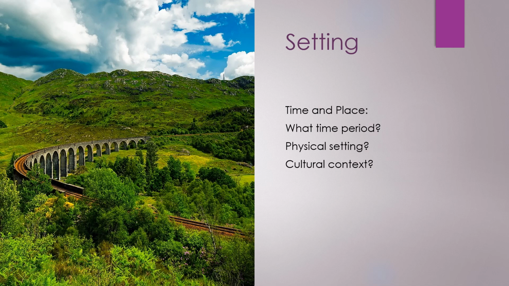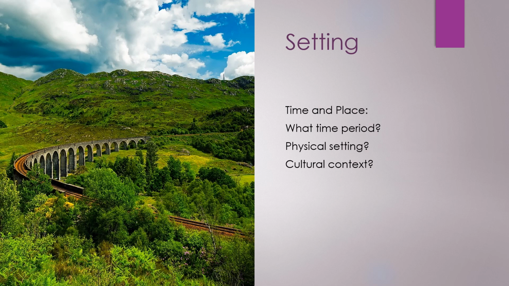So, if you're writing a romance novel, is it going to be in the modern time? Is it the 1950s? Or is it way back in the Tudor era, 1500s? All of that matters to your story because the clothing is different, the locations can be different, and courtship was different in every time period.